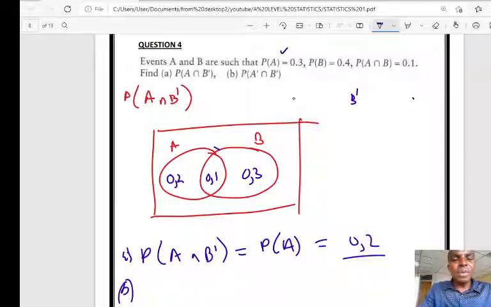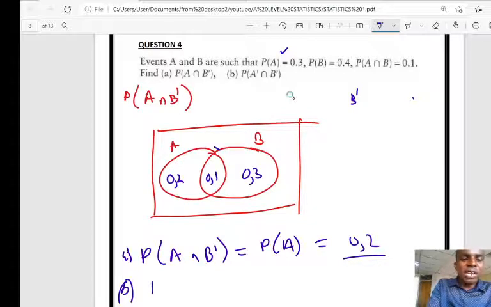probability of A complement intersection B complement. It means outside A combined with outside B. Outside A combined with outside B is the same as what is not in A and what is not in B, what is not in these two sets actually. In other words, what is outside these two sets.